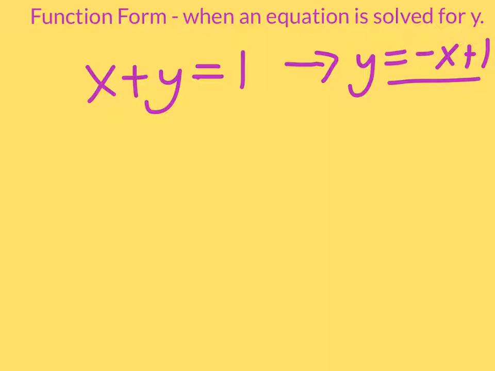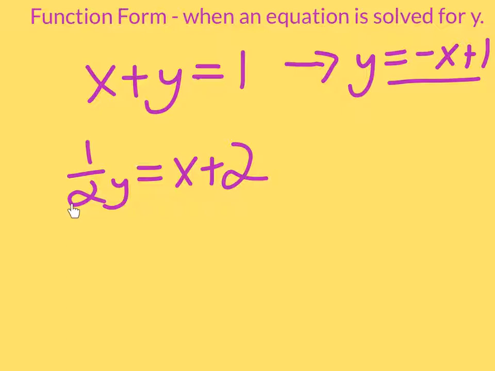Okay? What about this one? Is this in function form? Yes or no? It's not, because y is not isolated. You have the 1/2 being multiplied. Y has to be by itself for it to be in function form, okay? What about this one?